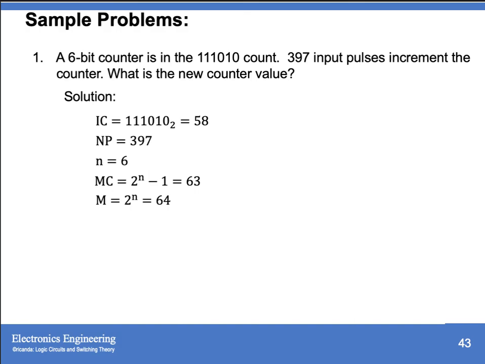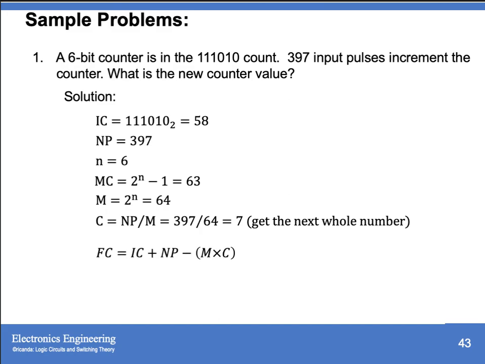If we have to get the cycle, that is equivalent to the number of input pulses over the number of states. So we have 397 over 64. So we have only to get the next whole number value. So that is 7.